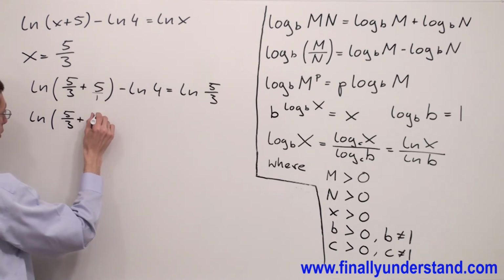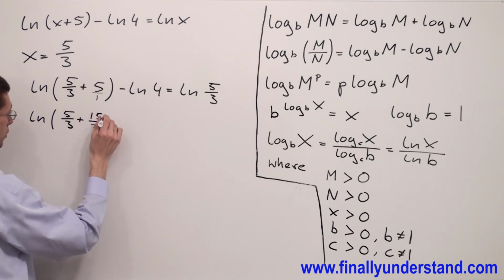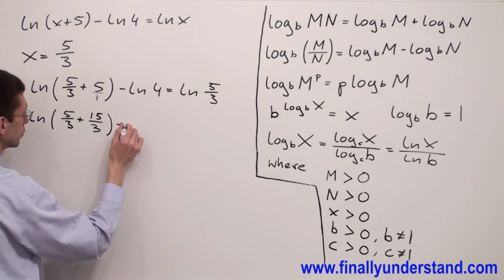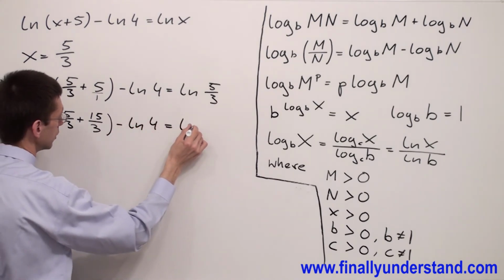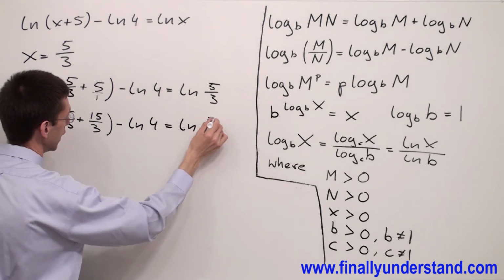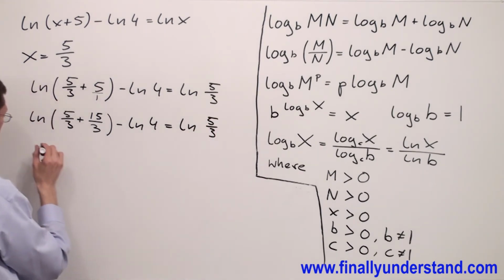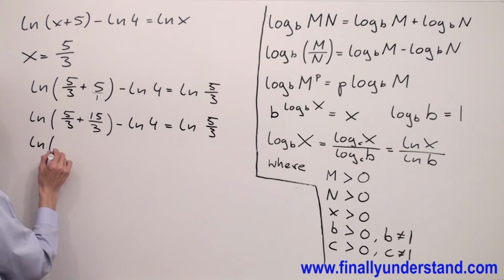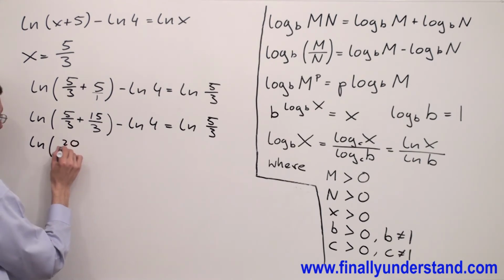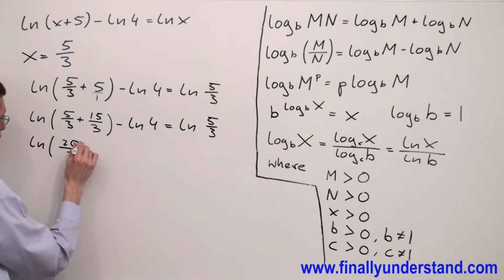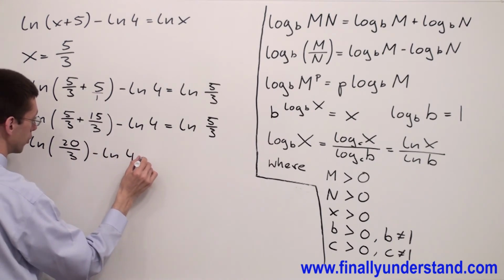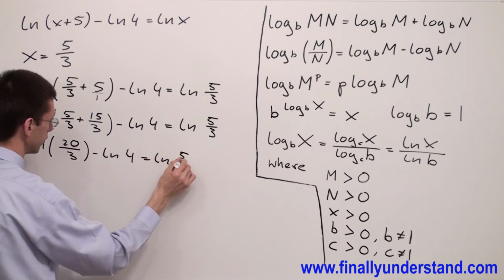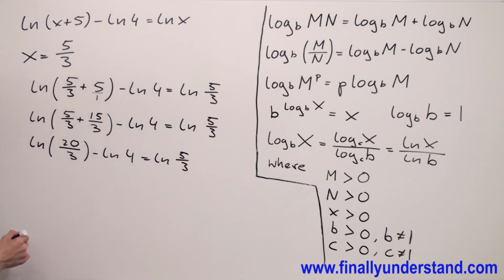That's why I'm going to have 15 in the numerator, minus natural log of 4 equals natural log of 5 over 3. This is natural log of 20 over 3 minus natural log of 4 equals natural log 5 over 3.